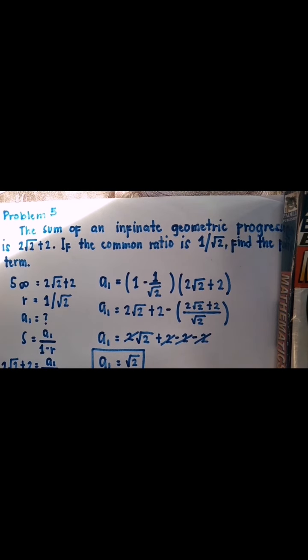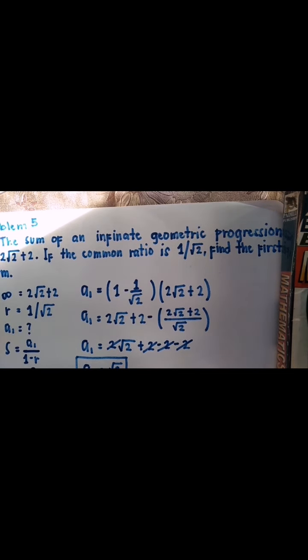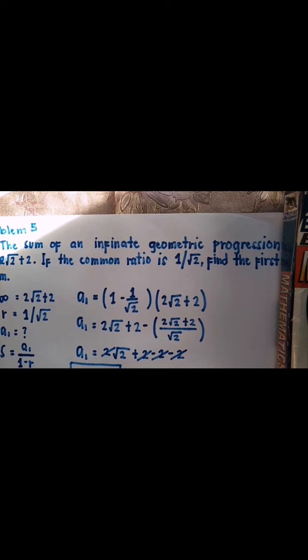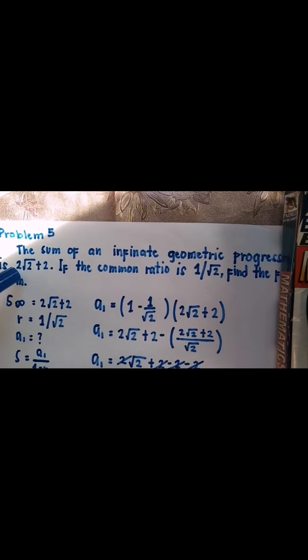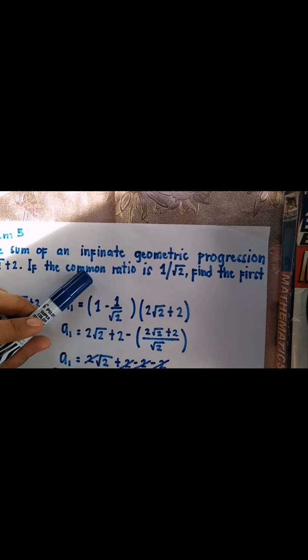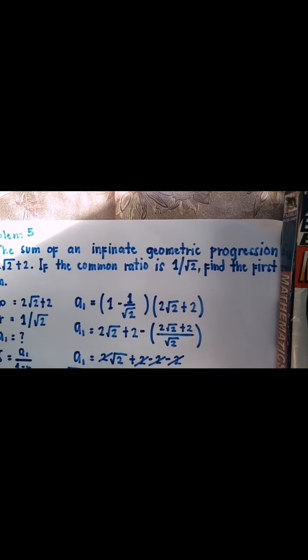So let's proceed to our last problem, problem number 5, using the geometric progression. The sum of an infinite geometric progression is 2 square root of 2 plus 2. If the common ratio is 1 over square root of 2, find the first term.